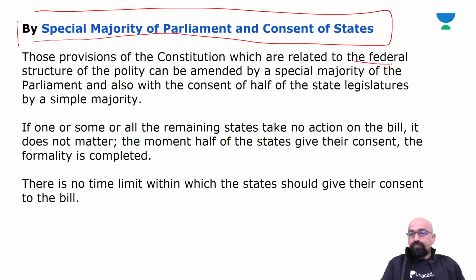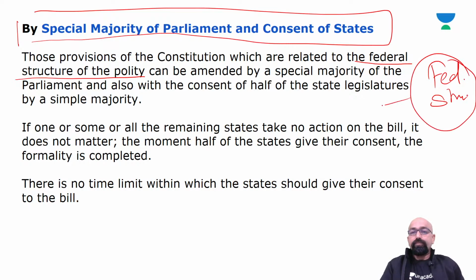So if there is any amendment related to the federal structure, it can be amended by a special majority of the parliament and consent of the states, that is half of the state legislatures by a simple majority.